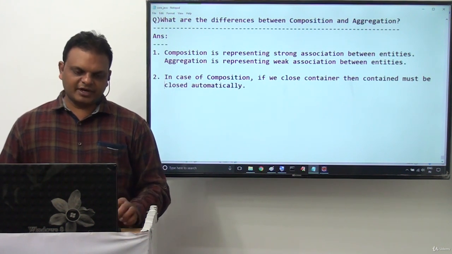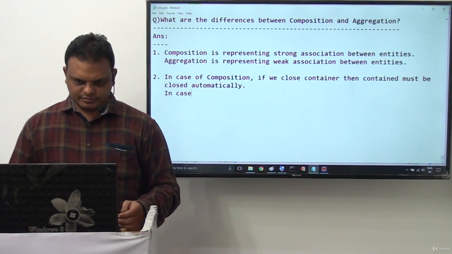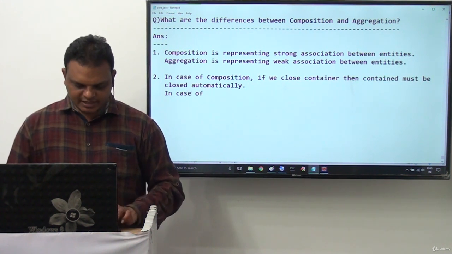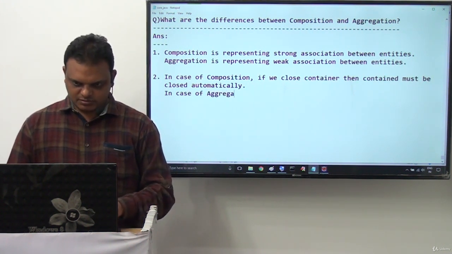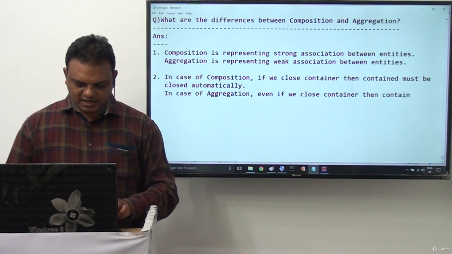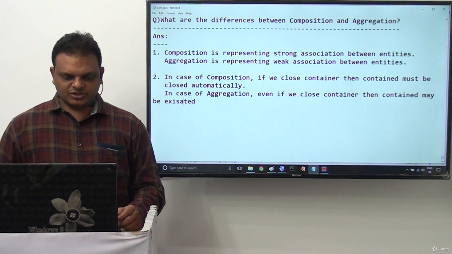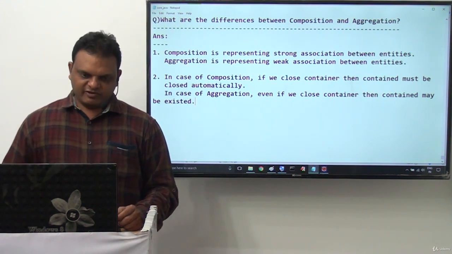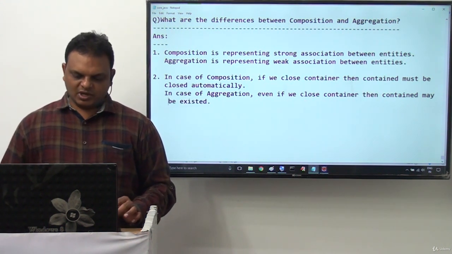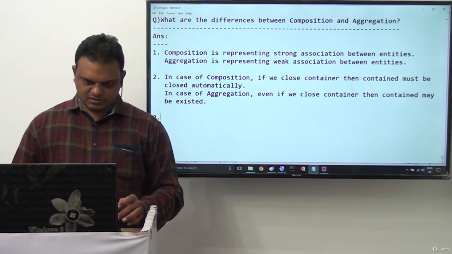Why? Because of strong binding. In case of aggregation, even if we close the container, then the content may exist. Why? Because weak association is not giving any effect to the container and contained.